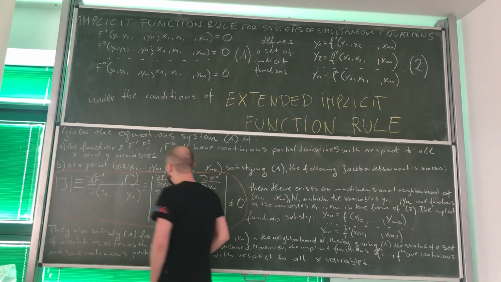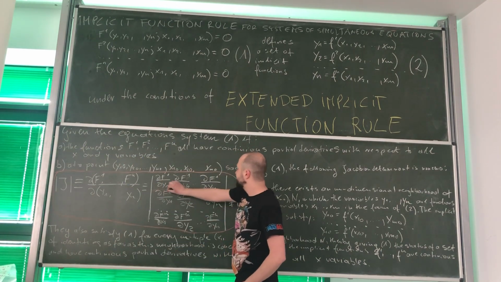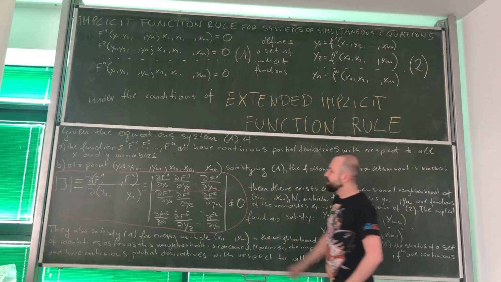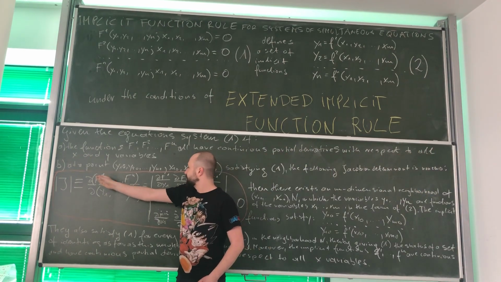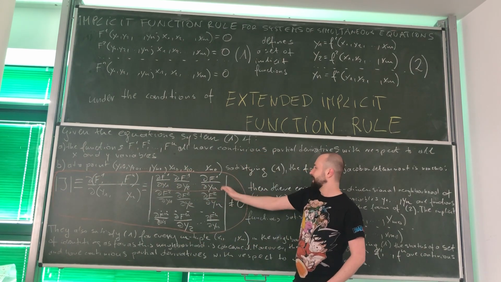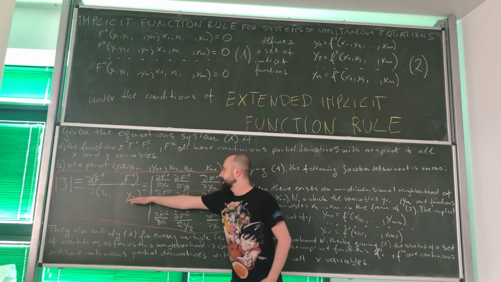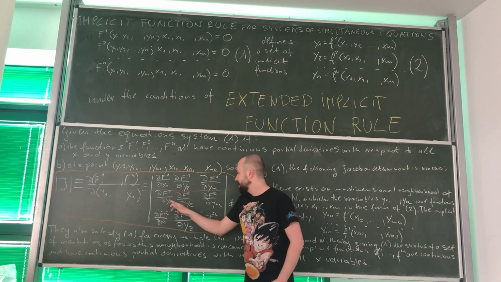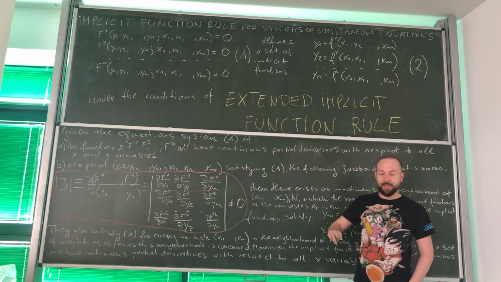Look, just like in the case of Hessian, in the first row of the Jacobian, I'm simply differentiating function f1 with respect to y1, y2 until yn. Then, in the second row, I'm taking function f2 and differentiating it with respect to y1, y2, yn.